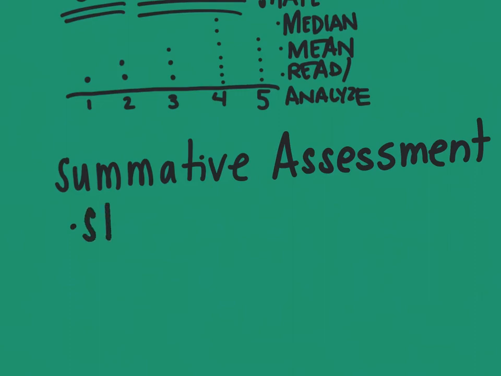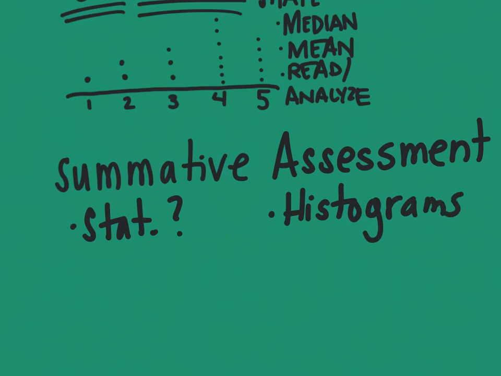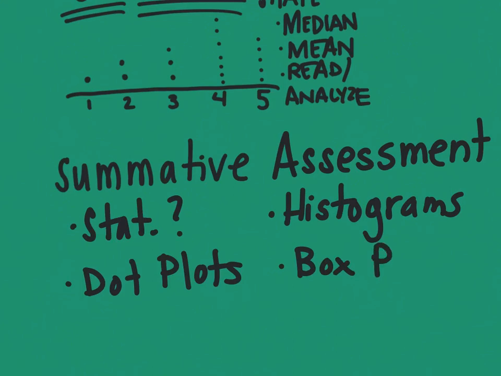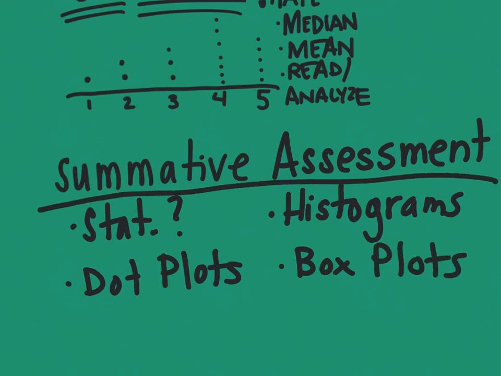We are going to be working on statistical questions. We are going to be tested on histograms. And we are going to be tested on dot plots. If time permits, I'm not sure if time's going to permit, then we will also work on box plots. But that's depending on time. That summative assessment is 80% of your grade, a very large portion of your grade.